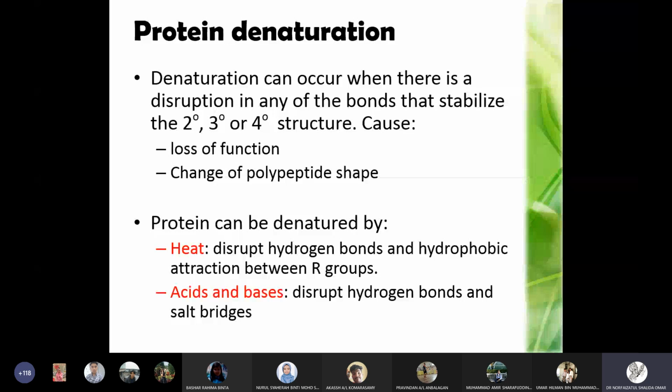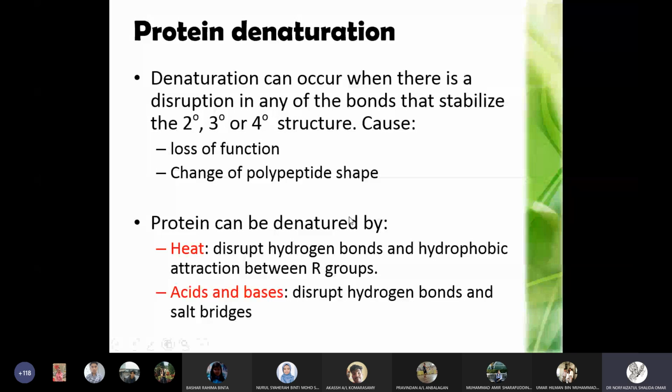This will cause the bonds to be changed, which changes the shape of the protein. So when the protein shape is changed, for example in an enzyme, the enzyme can no longer function normally. That is why we say that the enzyme or the hormone will lose function when it is denatured.